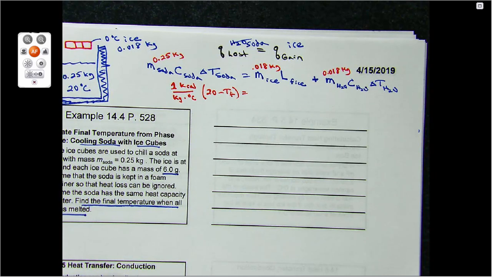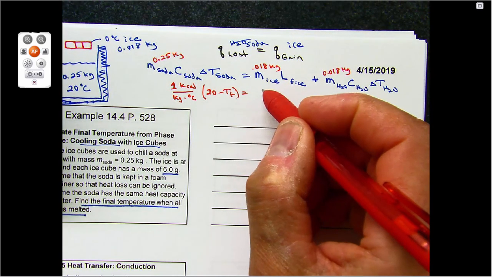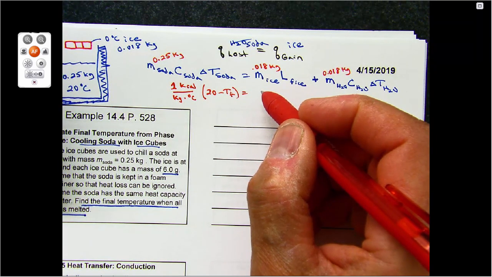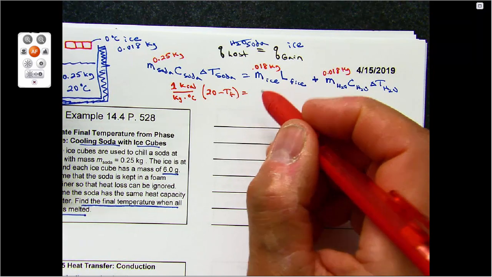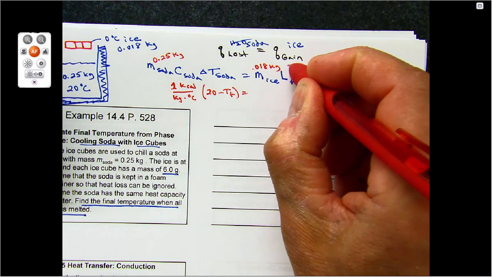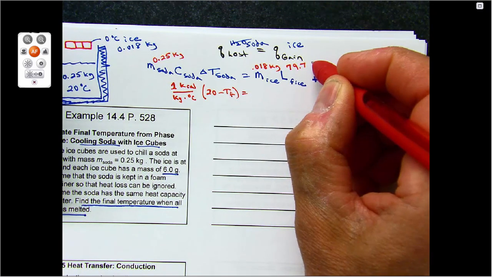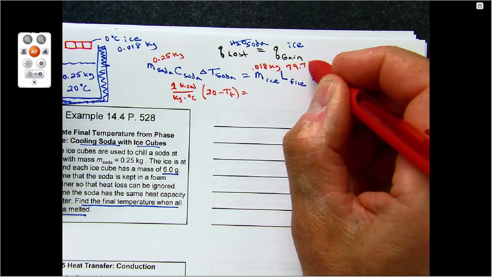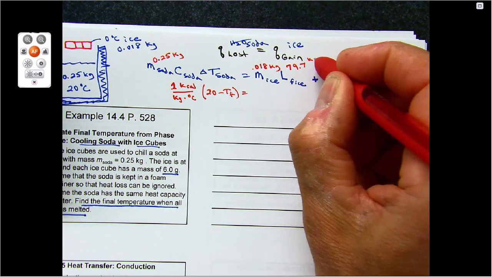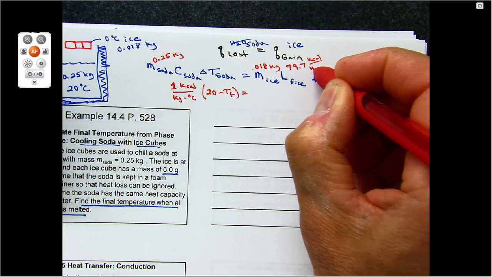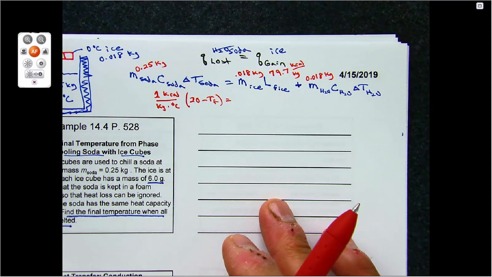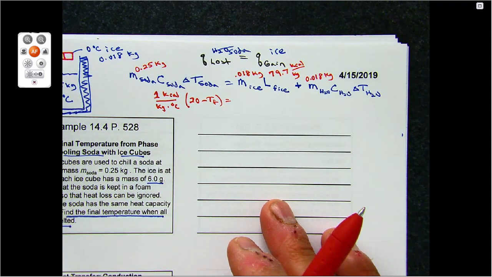We're going in kilocalories per kilogram, so this is 79.7 kilocalories per kilogram. No change in temperature, correct?